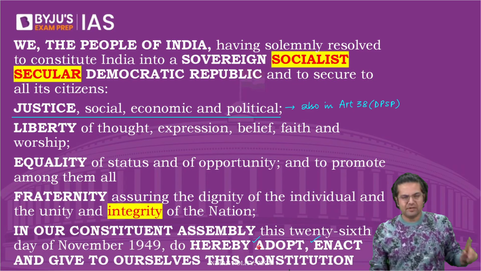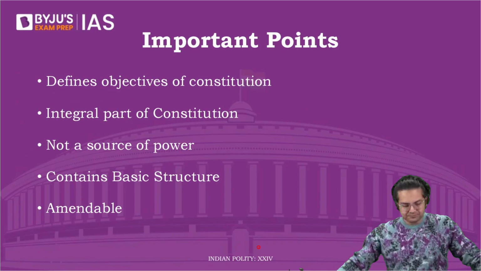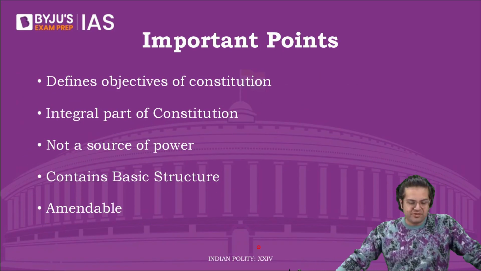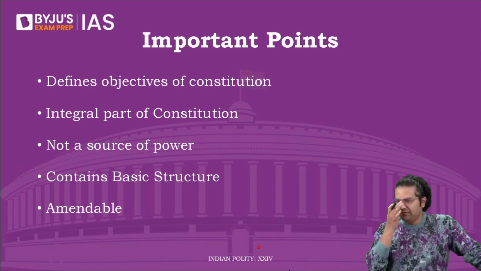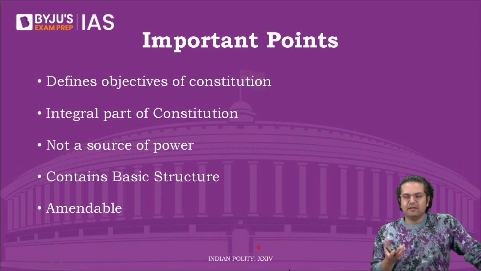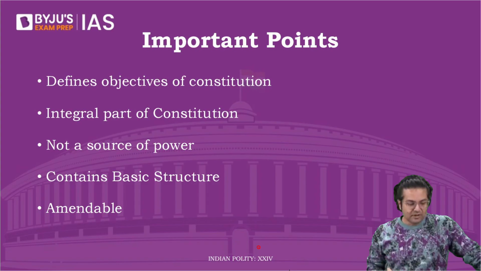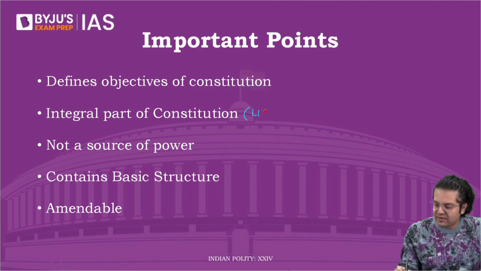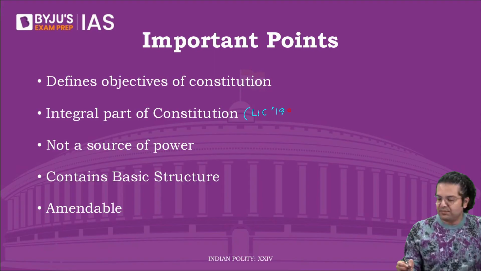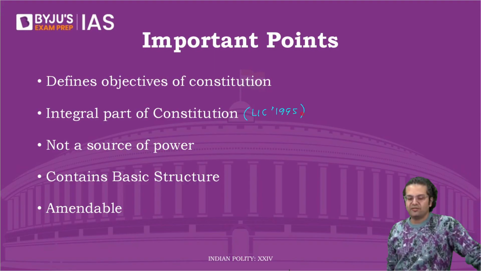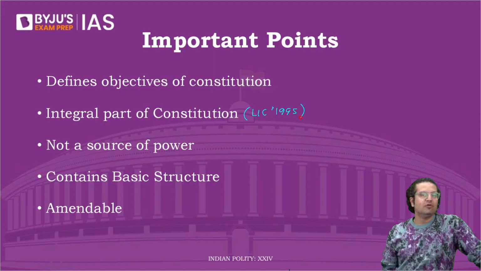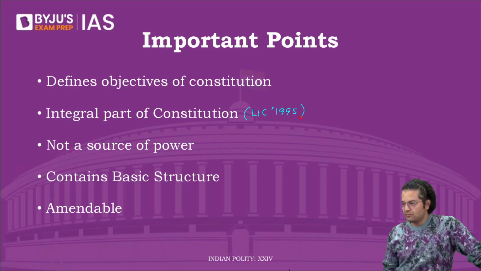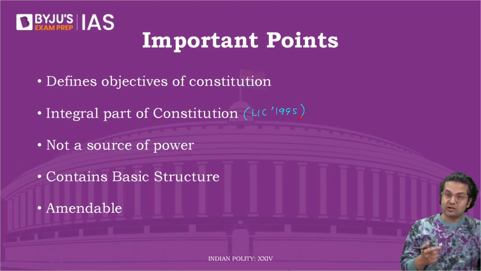Now, important points. Point number one: preamble defines the objectives of the constitution. As we have said earlier, it is the preface, the identity card, the essence, the philosophy. It's an integral part of the constitution. In the LIC case 1995, the Supreme Court said that the preamble is integral to the constitution. You cannot remove the preamble away from the constitution. Then it is not a source of power.